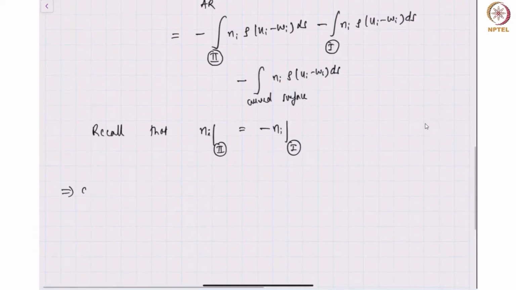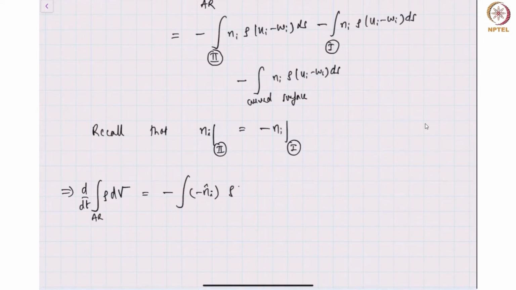I have d by dt of integral rho dV over the arbitrary region will be minus of minus n_i hat rho (u_i minus w_i) dS. This is over 2.